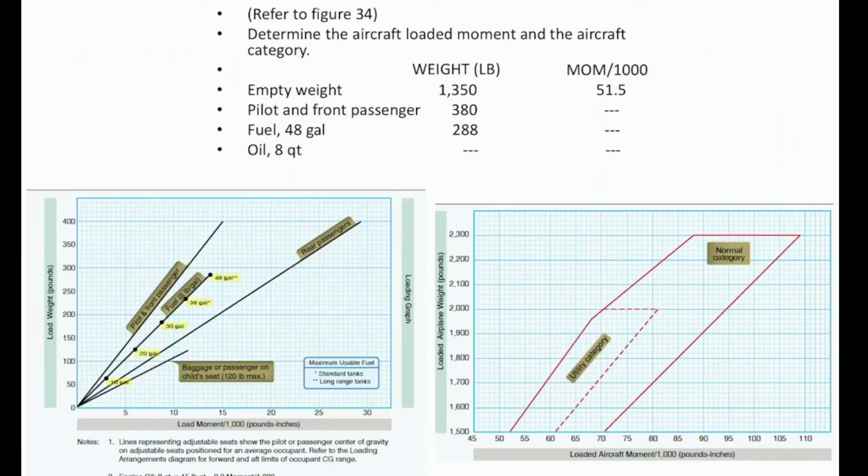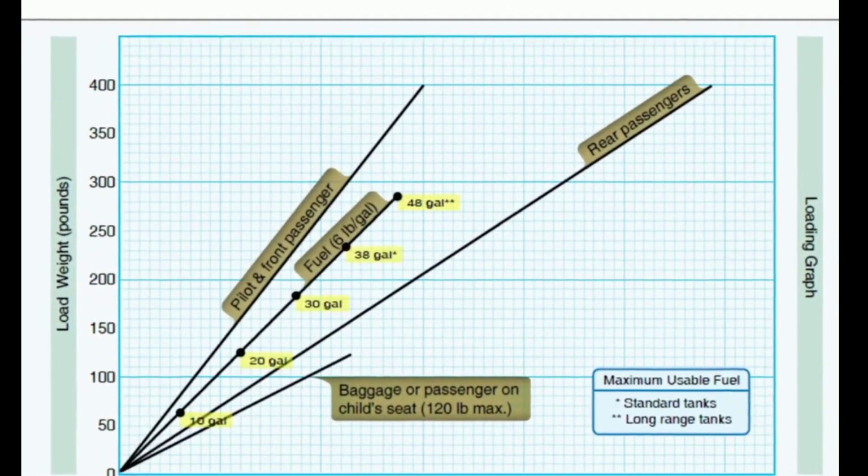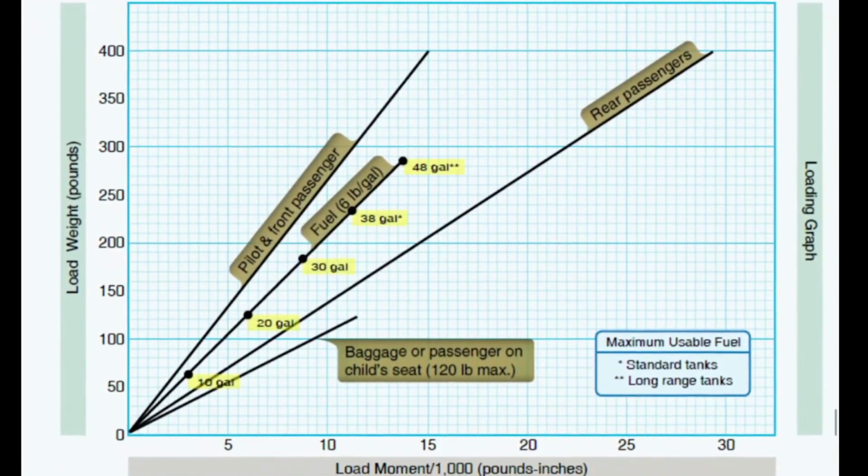All right, on this one, we need to determine the aircraft's loaded moment in the aircraft category. And we're using the graph to give us the information on this one instead of a chart. Okay, so we have empty weight already in there, 1350 with a moment of 51.8. Now let's look at pilot and front passengers of 380. What we'll do here is we look on the graph, and we see 380 right about there.